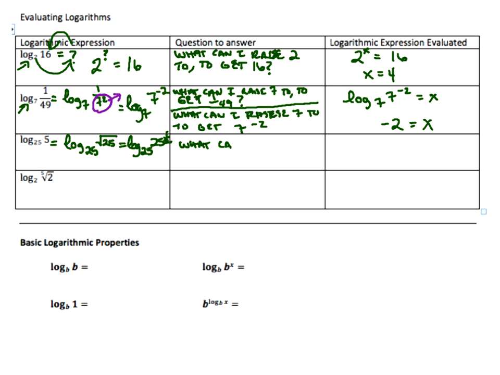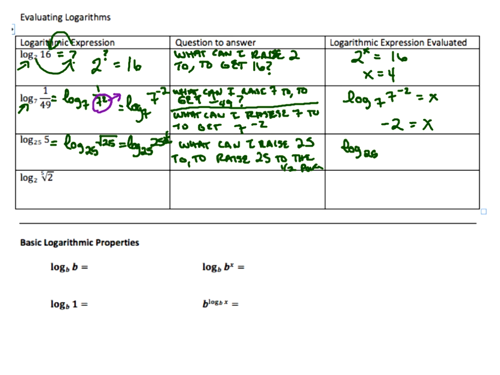Okay, now the question is, what can I raise 25 to, to get 25 to the 1/2 power? Well, the only thing I can raise 25 to, to get 25 to the 1/2 power, is 1/2.